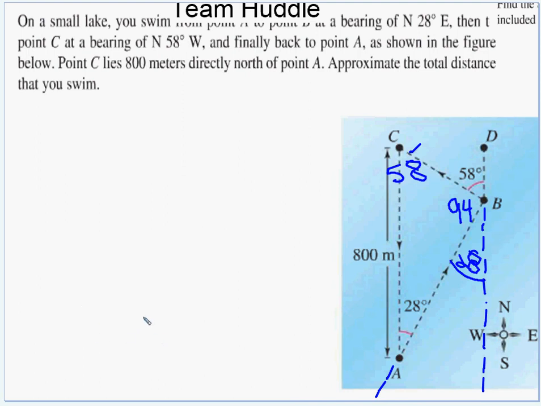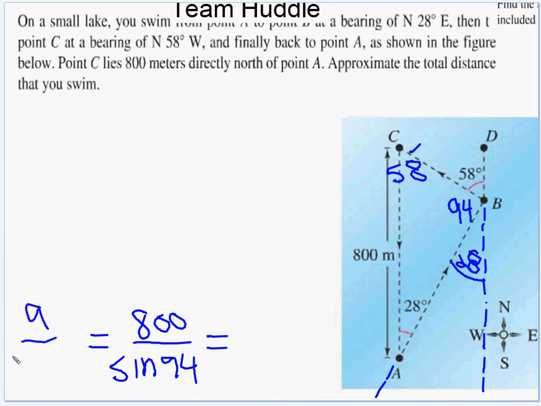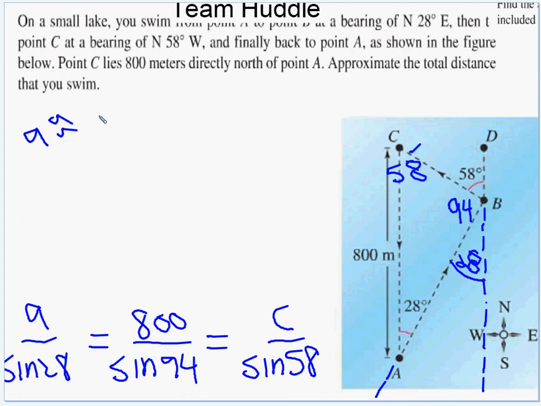We're going to have 800 is the only side that we were given, and that's going to go over the sine of 94. And then we can set this equal to A over the sine of 28, and C over the sine of 58. And if you punch everything in the calculator correctly, you're going to get A is about 376.5 meters.